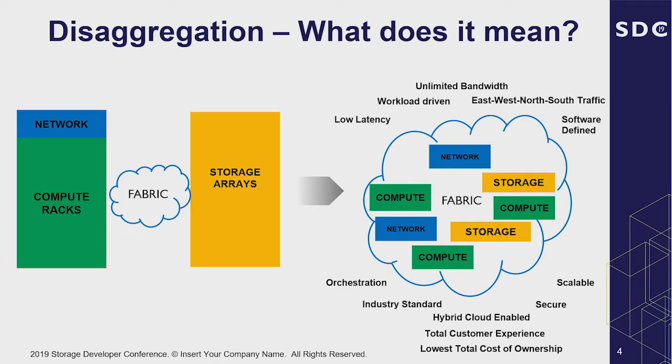They're moving towards merchant silicon running an open network OS, like Cumulus, for example. A lot of those customers don't want to buy Cisco switches costing a gazillion dollars. They want to buy switches and disaggregate the hardware from the software, right?